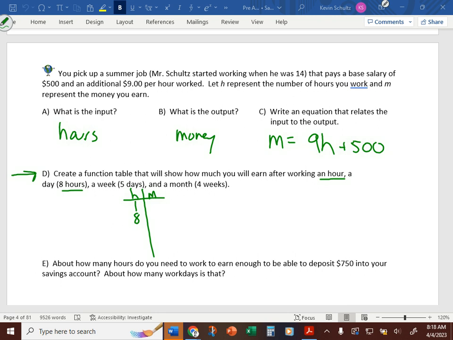Do we plug in 5? Gregory? Multiply what by 9? 8. Well, we're going to do that to figure out how much money we earn in a day, which is 8 hours. Right? We're plugging that 8 into 9 times 8 plus 500. That's our rule for the table. But if I want to know how much you make after a week, which is 5 days of working, what number are you going to be plugging into the equation?